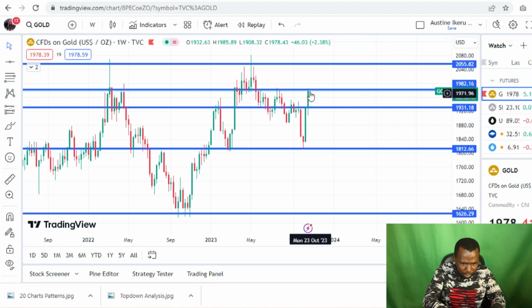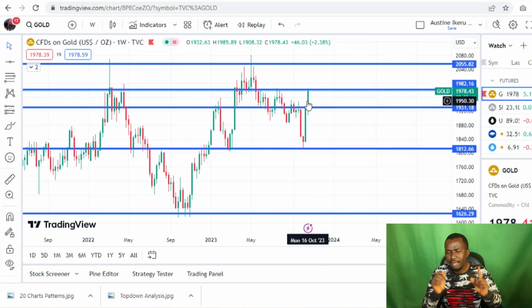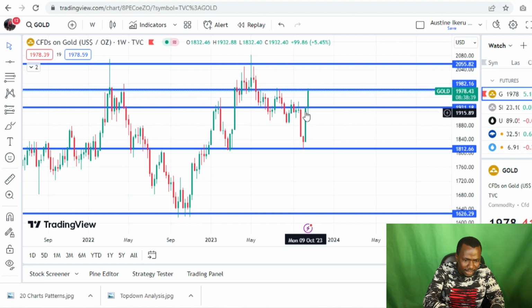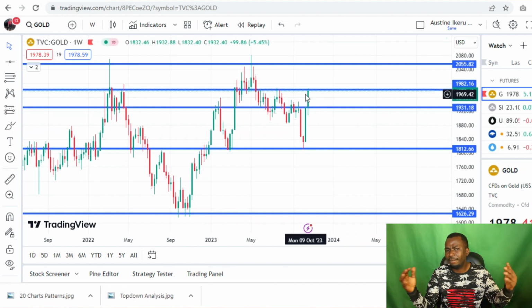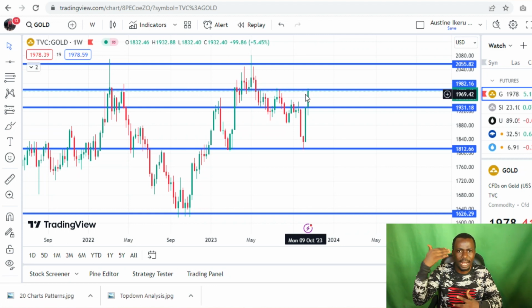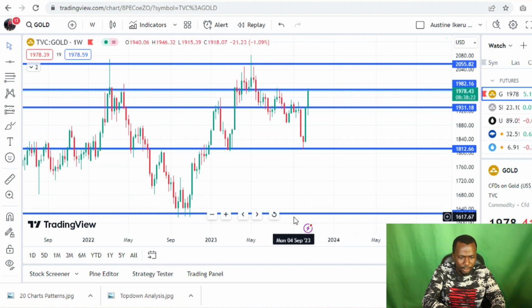This candle is telling us that for the week the market is going up, because this green signifies an uptrend. But in a higher time frame the market is ranging, because we can clearly see the highs and the lows. Like this is the highest high and this is the lowest low.